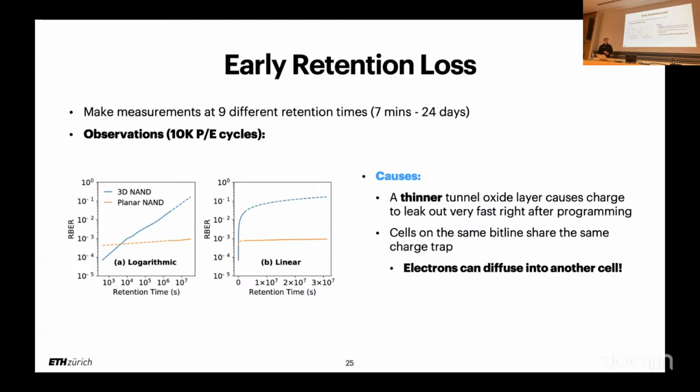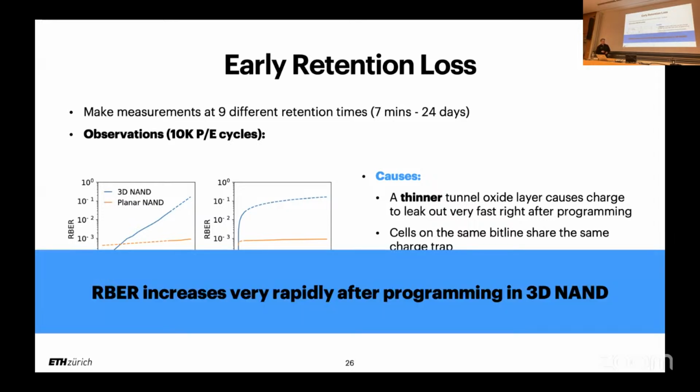Also, if you remember, the layers are stacked on top of each other, and the vertically adjacent cells basically share the same charge trap. So what can happen is the electrons from one cell can leak into another cell, and this basically explains some of this as well. So we note that the raw bit error rate increases quite rapidly after programming.